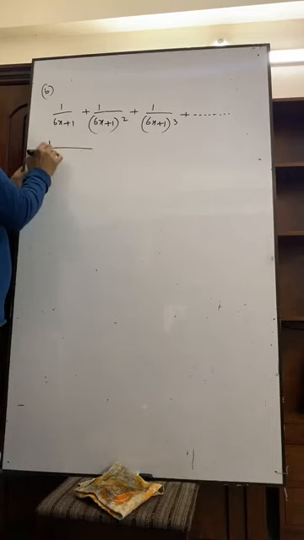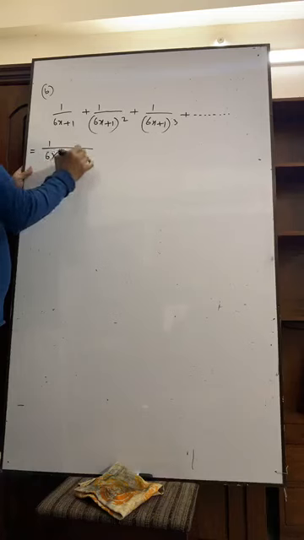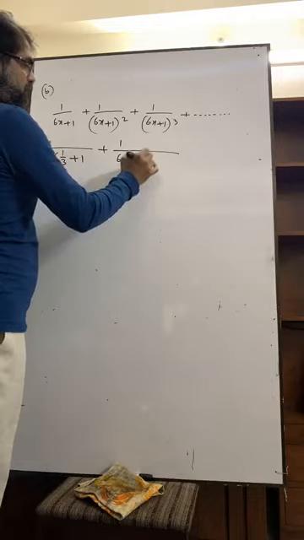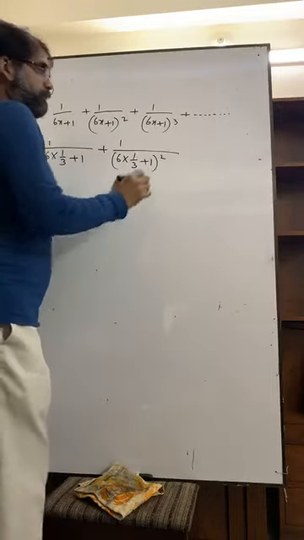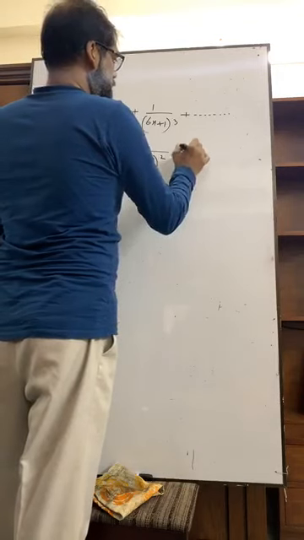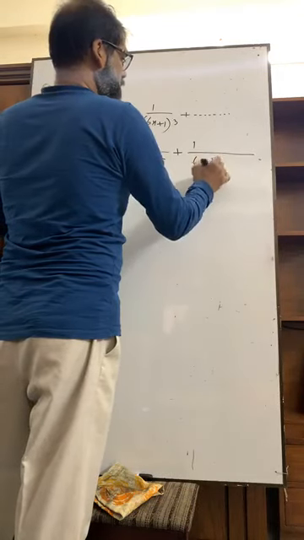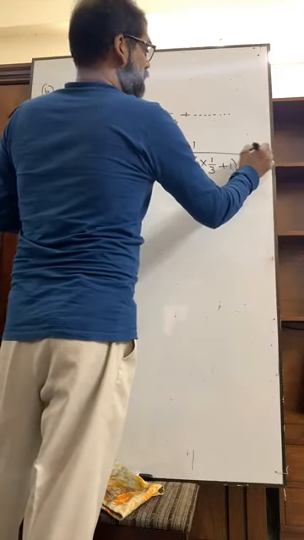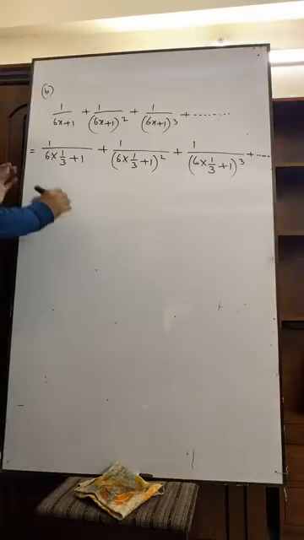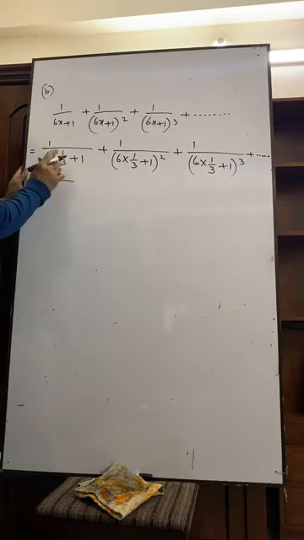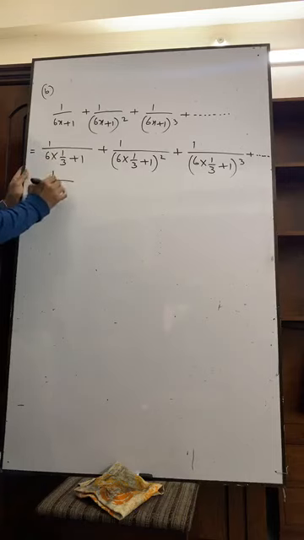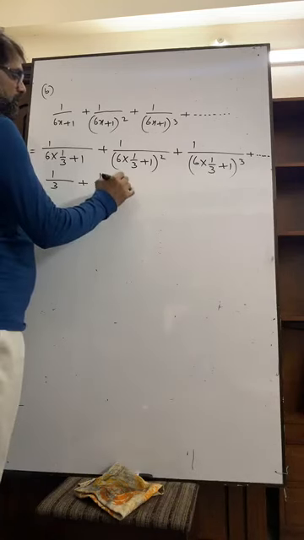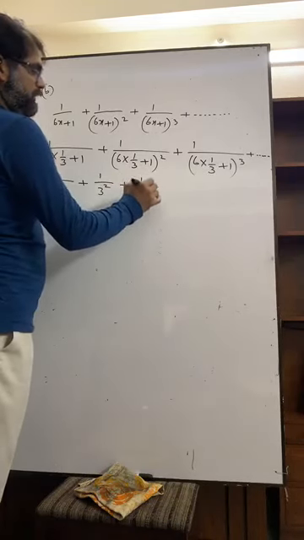That is 6 into 1 by 3 plus 1, 6 into 1 by 3 plus 1 whole square, 6 into 1 by 3 plus 1 whole cube, and so on, which is 1 by 3, 1 by 3 square, 1 by 3 cube.